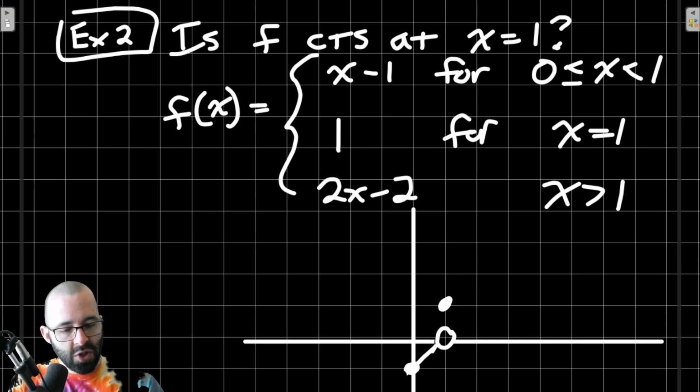All right, so the next one is 2x minus 2. So the line 2x minus 2 means y-intercept of negative 2 and slope of positive 2. So it looks something like this.